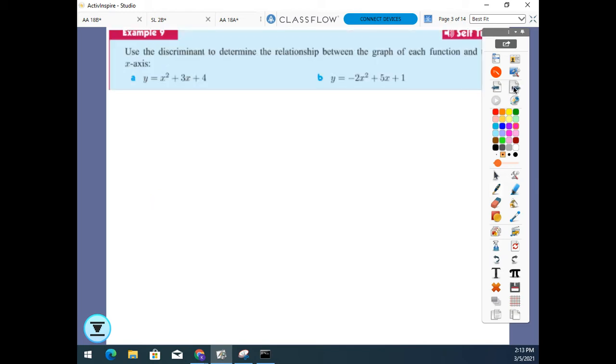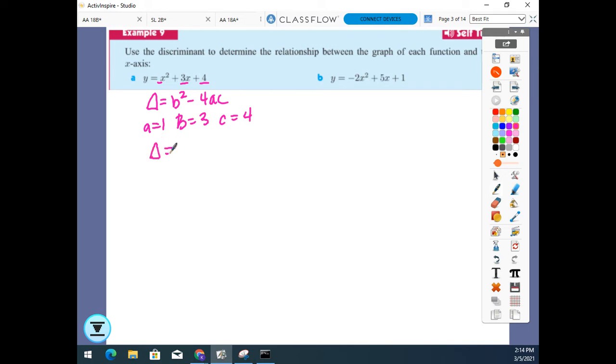Use the discriminant to determine the relationships. We always start with the discriminant equals b squared minus 4ac. Remember, a, b, c when it's in order. So a is 1, b is 3, c is 4.